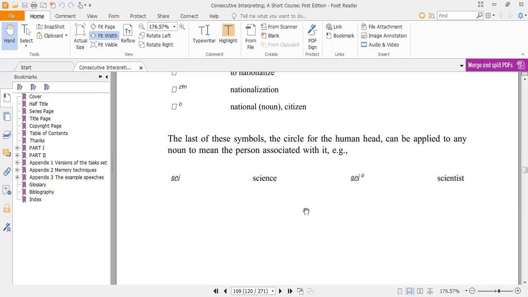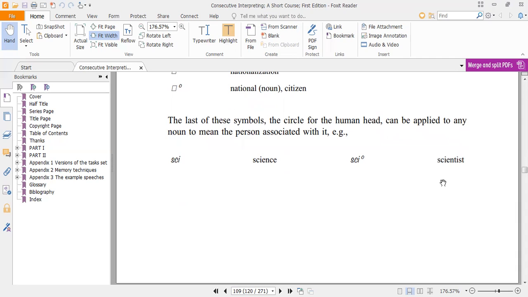Then, if we draw O above the first three letters, that means it is an abbreviated form of the person, which is scientist. Okay, يعني simply, very easily we can use O to refer to a person.